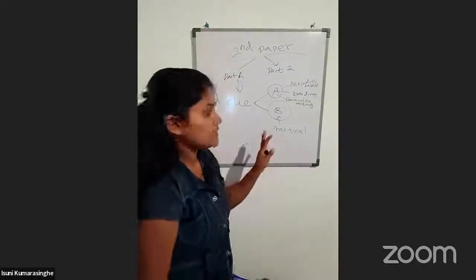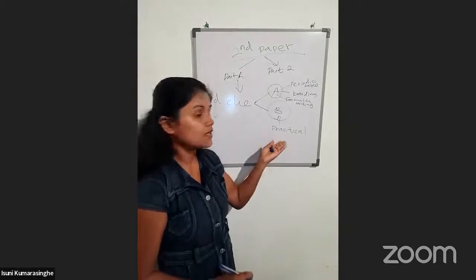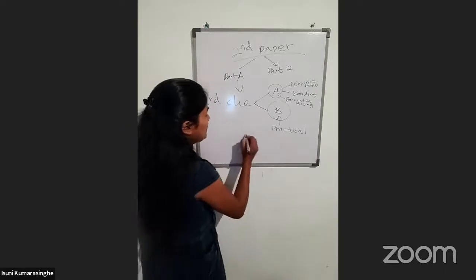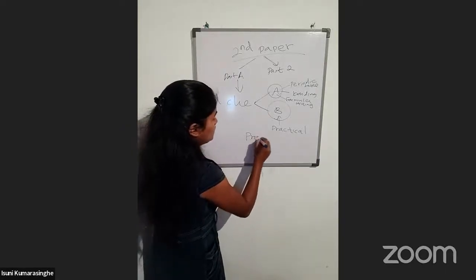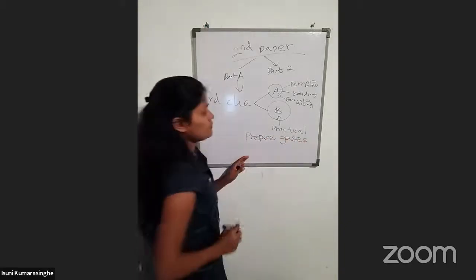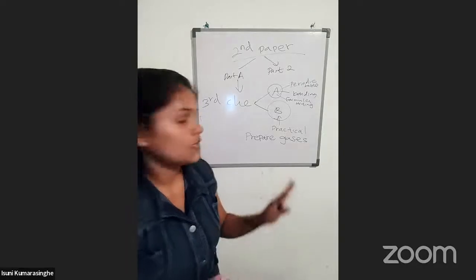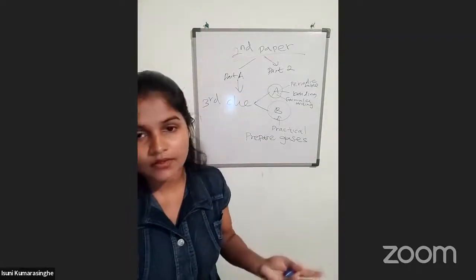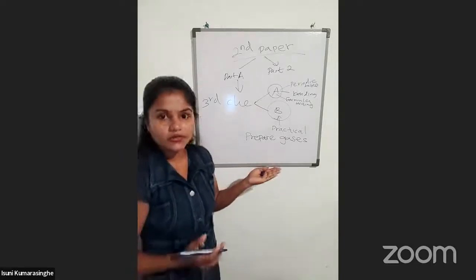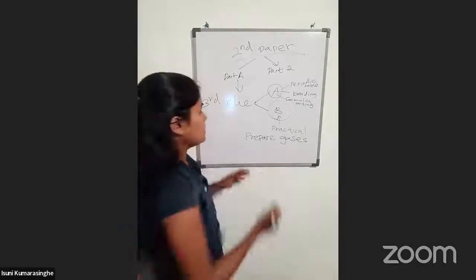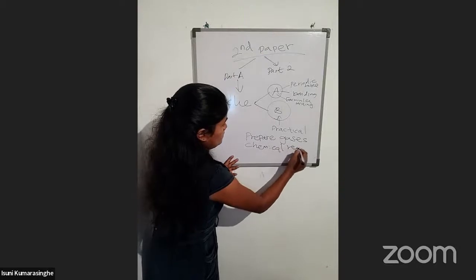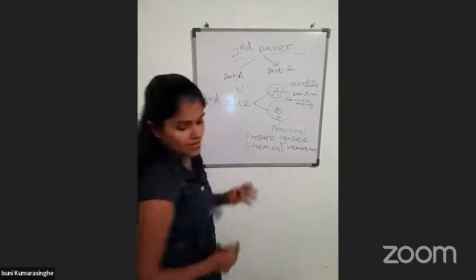Practicals, let's see what type of practicals come from the B part. Here, you know how to prepare gases. You are learning some practical lessons, how to prepare gases with different methods. So you have to have a proper idea about the practical basis of those. And chemical reactions. Chemical reactions.